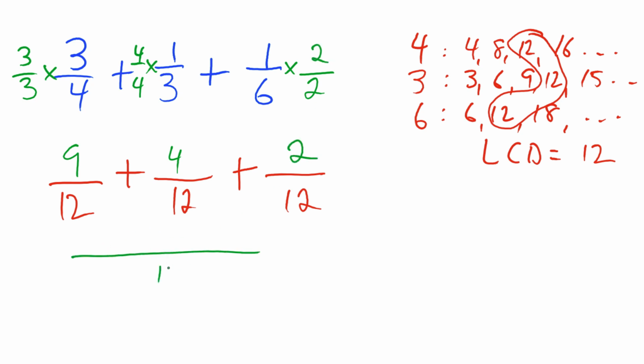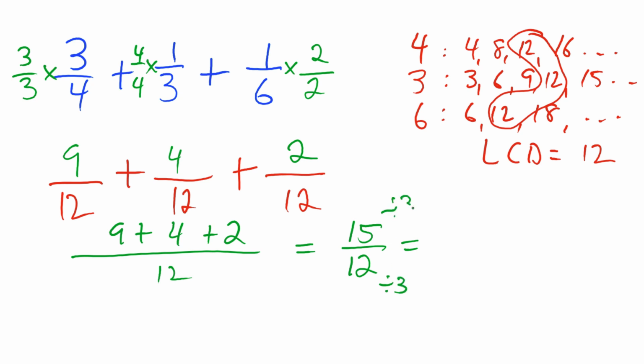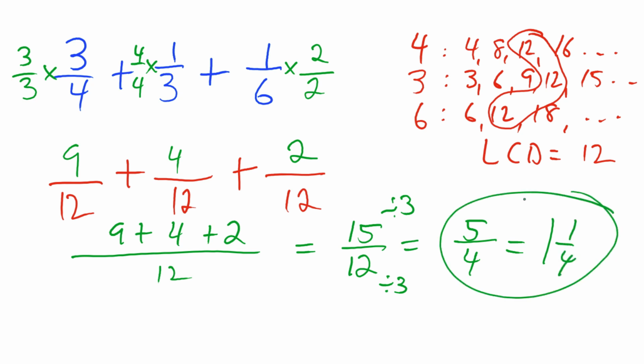Then we know that our size of pieces will be twelfths, and we simply add together our numerators, which in this case would be 15/12. If I reduce that to lowest terms, dividing top and bottom by 3, I get 5/4, or 1 1/4 in total.